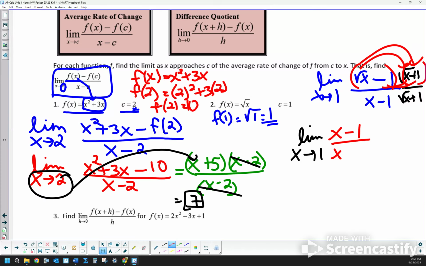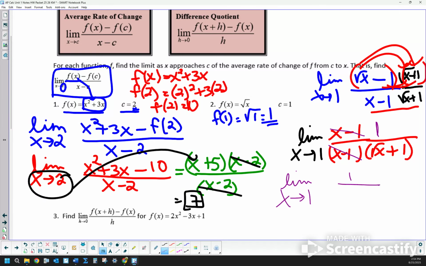And then we have, of course, the x minus 1 denominator that I don't want to distribute because I know that's what I want to cancel with here. So we can cancel those and keep a 1 there. And so now I'm evaluating the limit as x approaches 1 of 1 over square root of x plus 1.